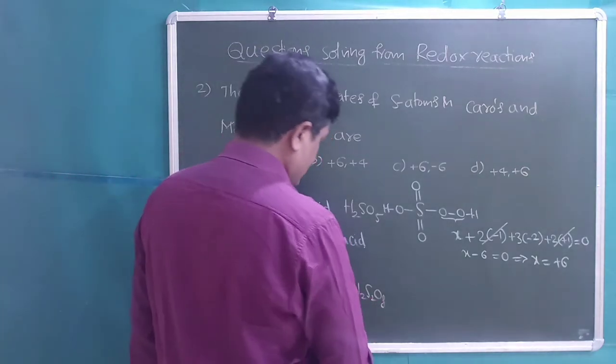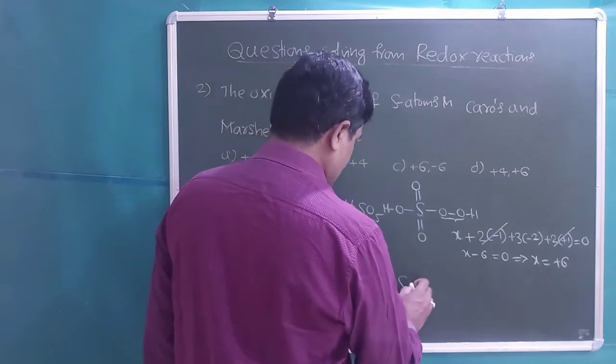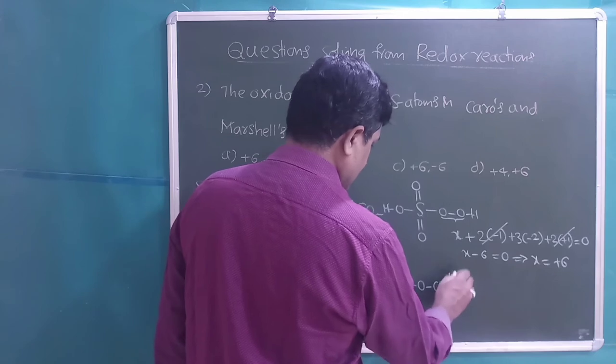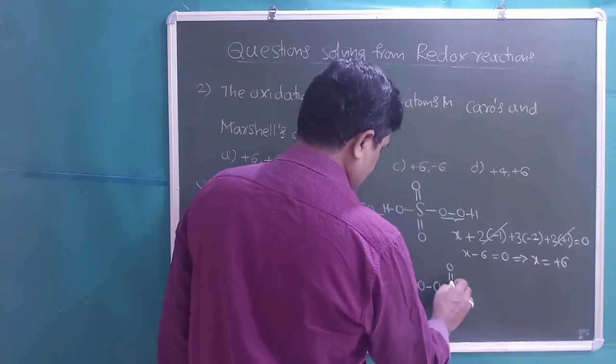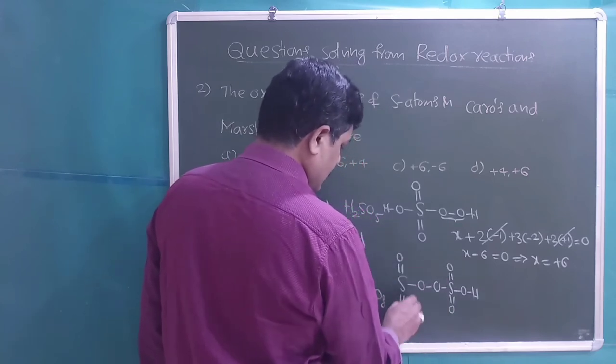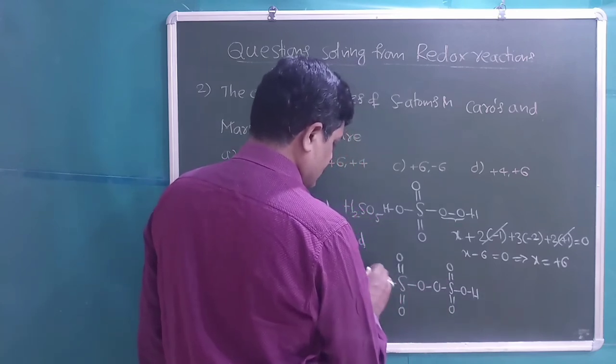Similarly students, the peroxodisulfuric acid structure we can write like this. It is also having one peroxy linkage: double bond O, OH, double bond O, OH.